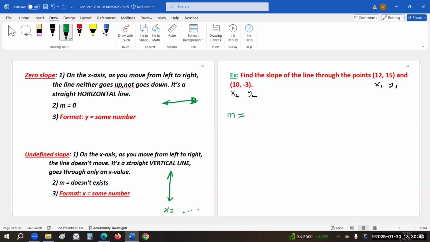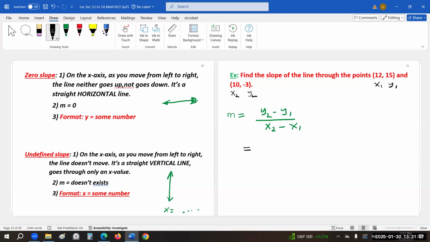What is the slope of the line that goes through 2 points? Good, formula. So what's the slope formula? y2 minus y1 over x2 minus x1. Great.